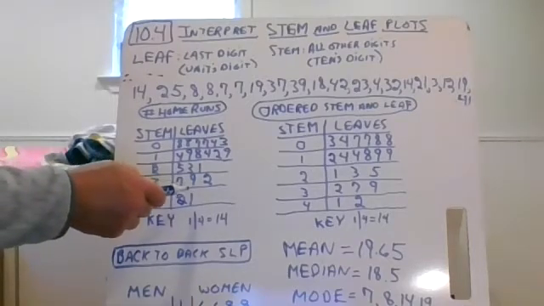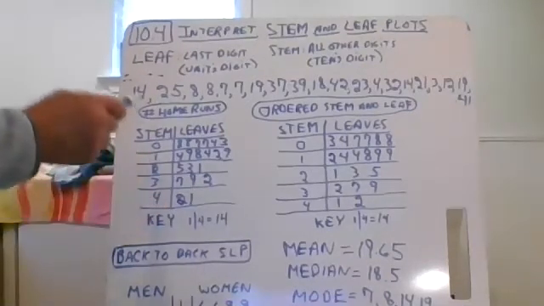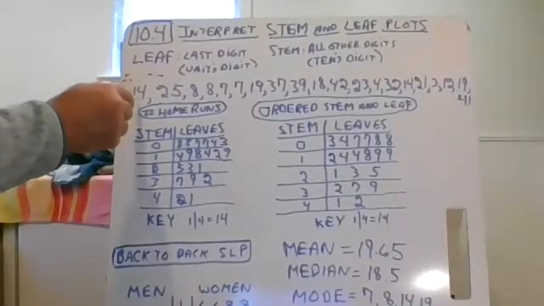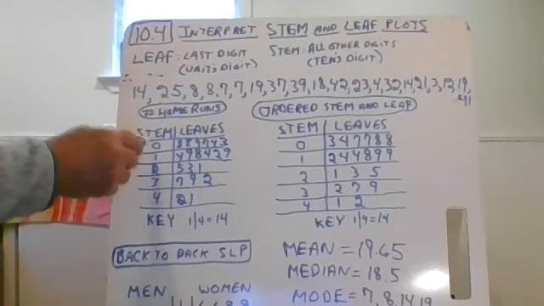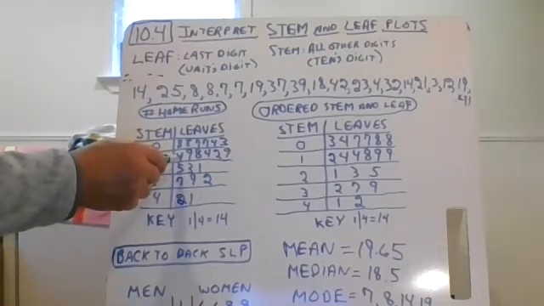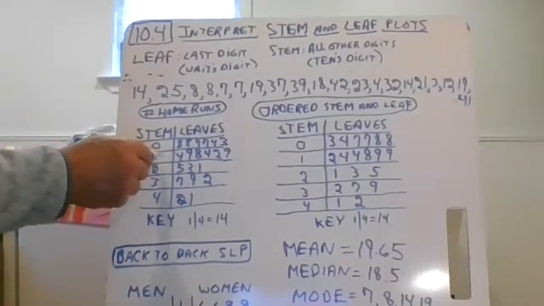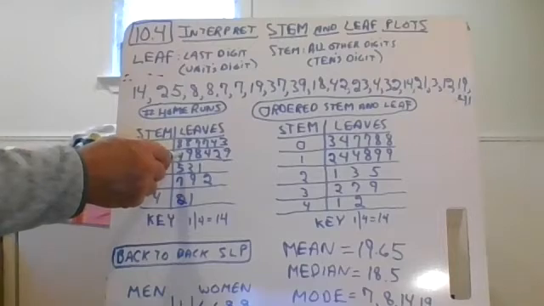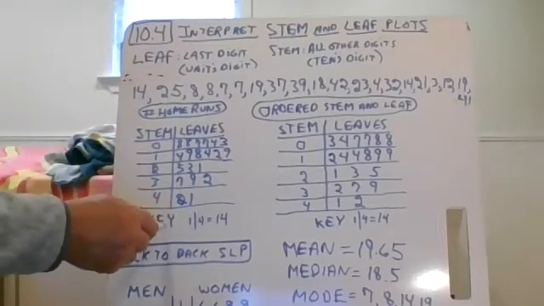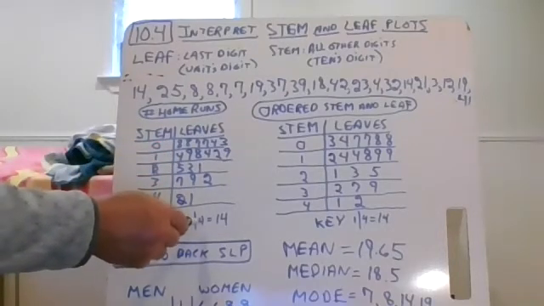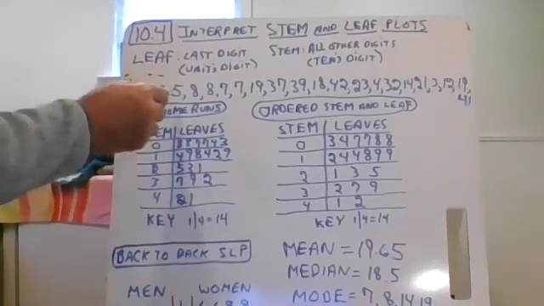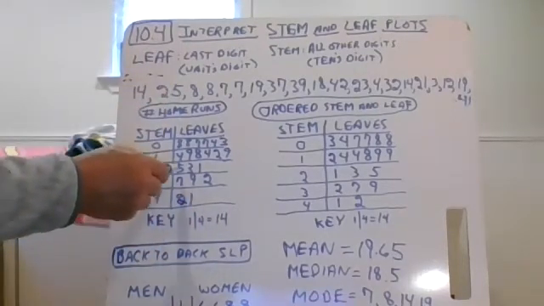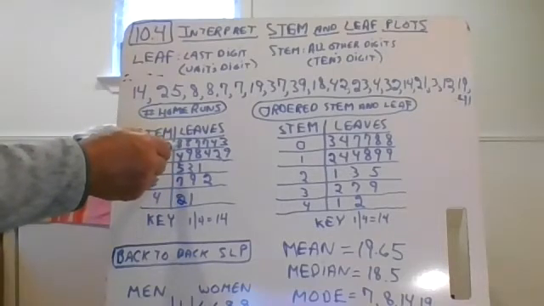And then we write down the leaves. And you just do them from left to right to start with. So 14, you would put a 4 next to the 1. 1|4, and this is called the key. 1|4 refers to 14. 25, you go to the 2 and you put a 5. 8, that's a single digit number.